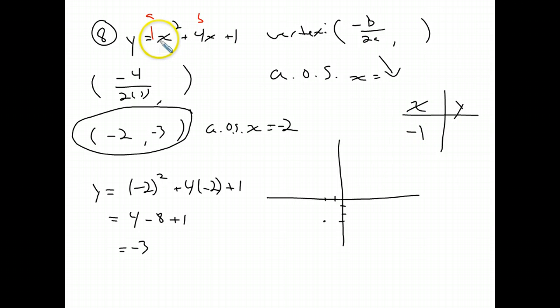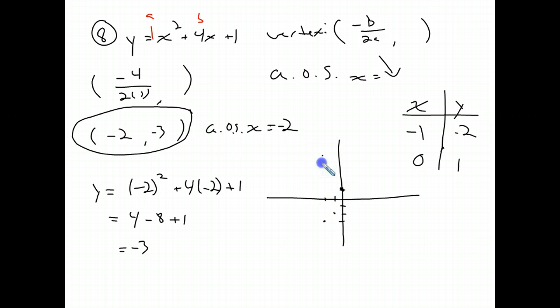So negative 1 squared is 1 plus 4 times negative 1. So this is 1 minus 4 plus 1 is negative 2. This is going to be negative 1, negative 2. Then I can find what happens at 0 for just one more point over. 0, 0 plus 1 is 1, so 0, 1. Another point right here.